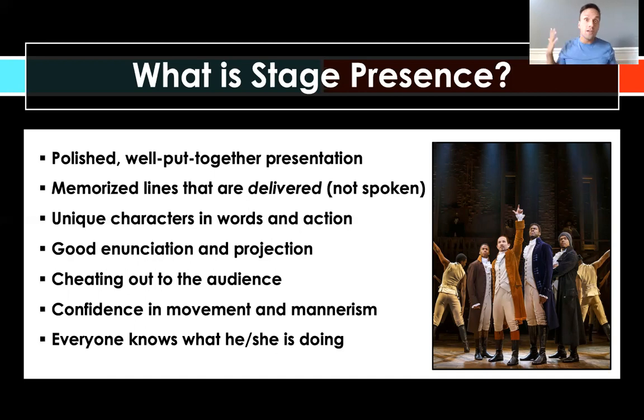If you've ever seen the movie Clue before, each of those characters, Mrs. White, Miss Scarlet, they all have unique personalities, right? And that's what we're looking for because that's going to create compelling individual characters that we want to get to know, that we want to learn more about, that can convey emotion and comedy and drama in a way that having the same character just doesn't cut it, right? So keep that in mind as you're performing as well.